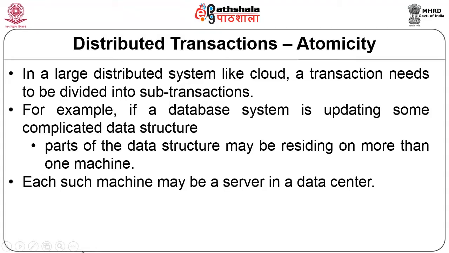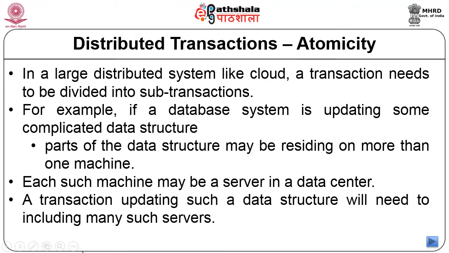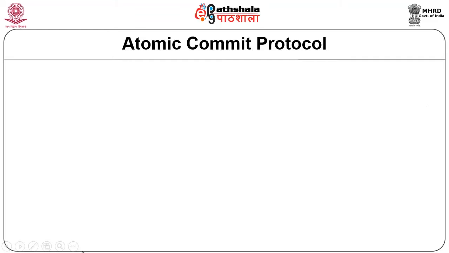Each such machine may be a server in the data center. These servers will be spread all over the place, and a transaction which will be updating this complete data structure has to access various servers to do it. Now, a typical way of doing this is known as an atomic commit protocol.